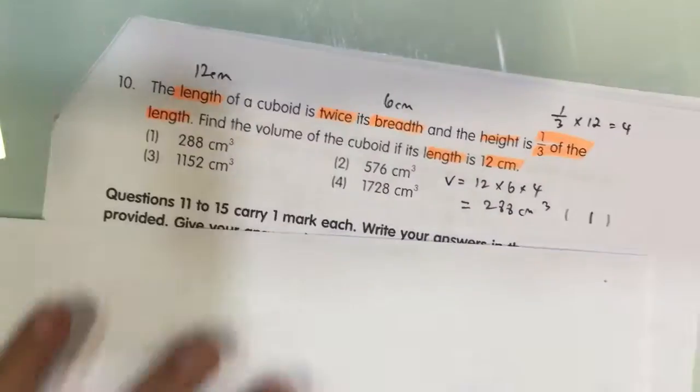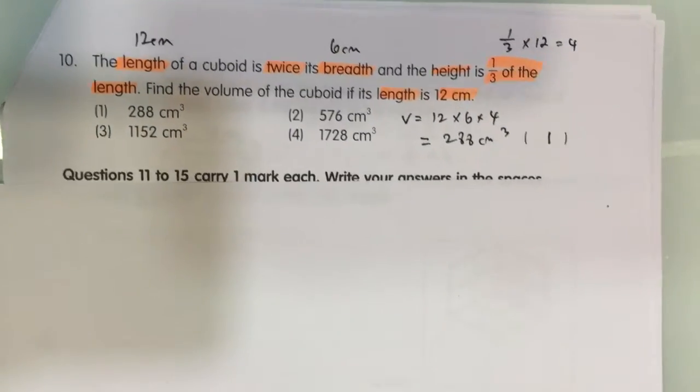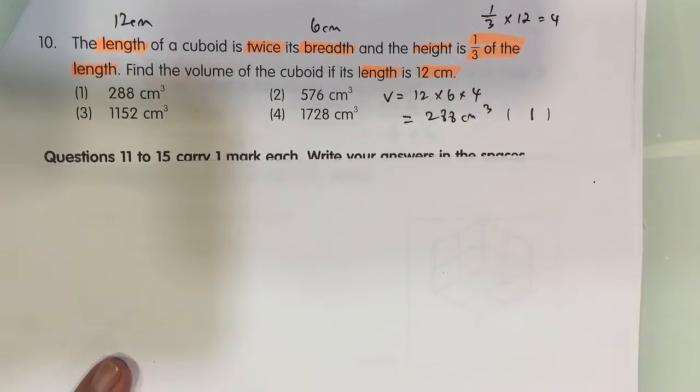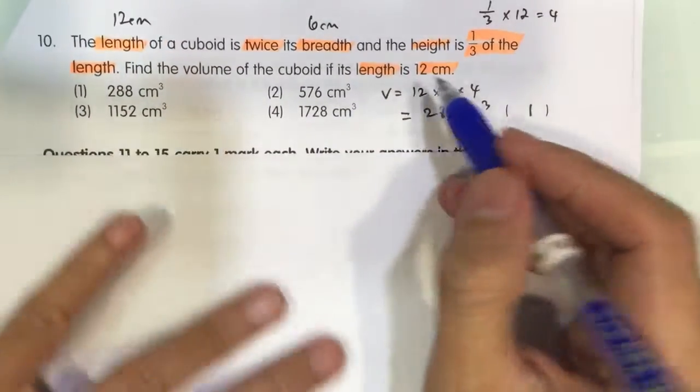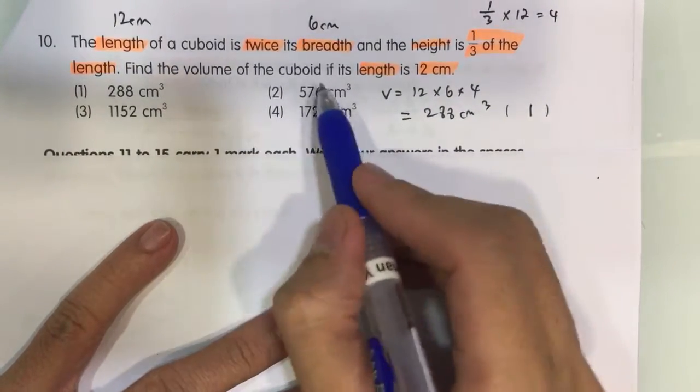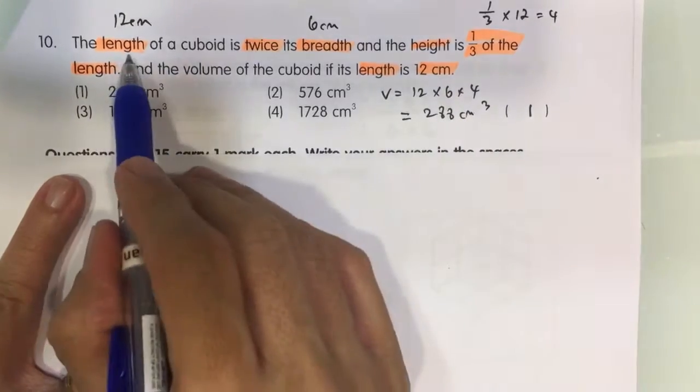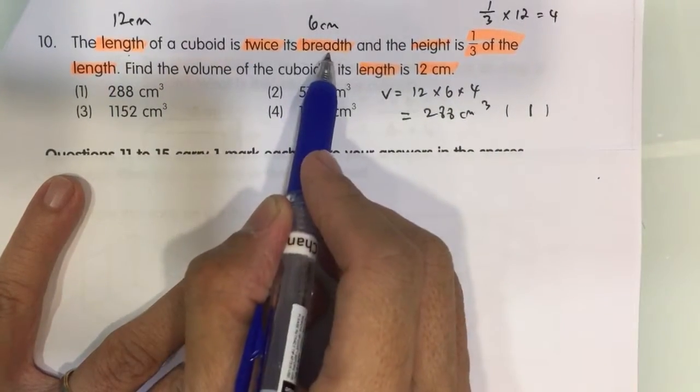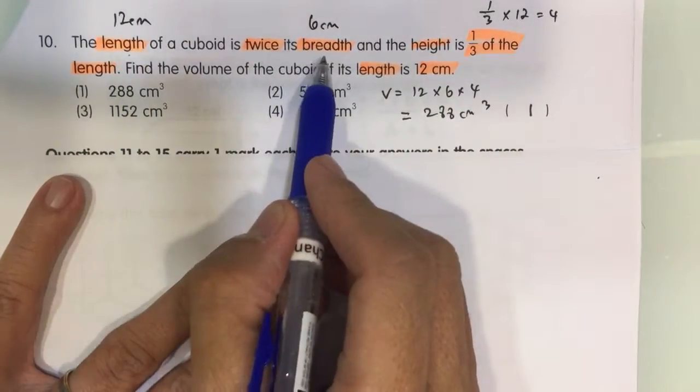Question 10. The length of a cuboid is twice its breadth, and the height is 1/3 of the length. Find the volume given the length is 12. So length is 12. Length is 2 times the breadth. So if the length is 12, the breadth will be 6.